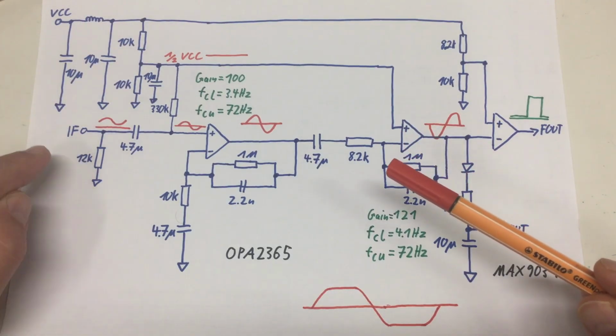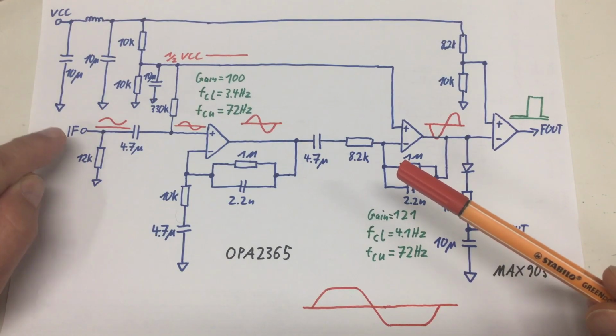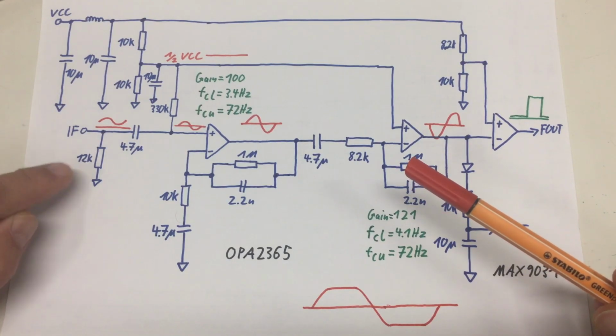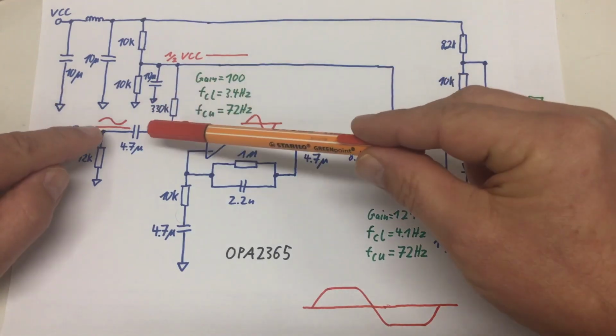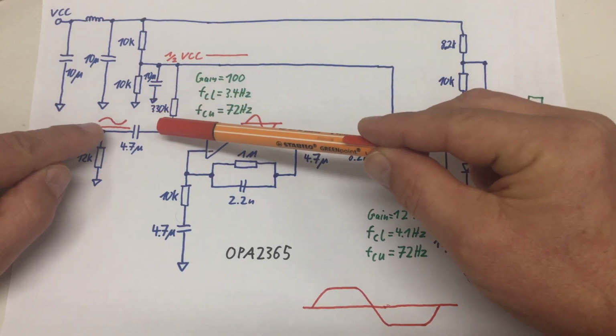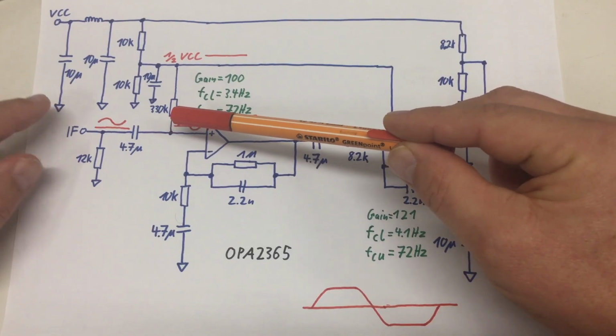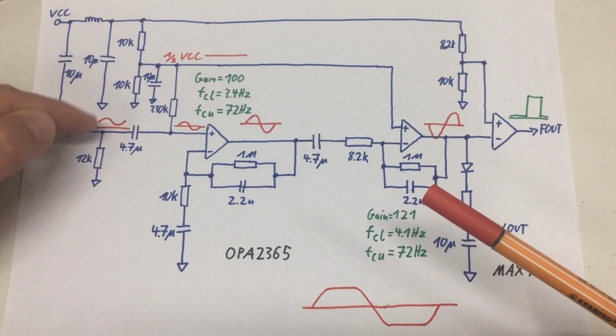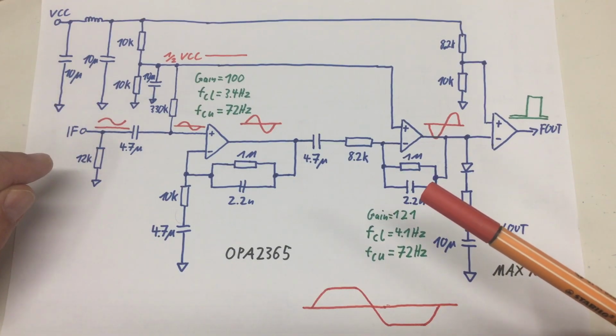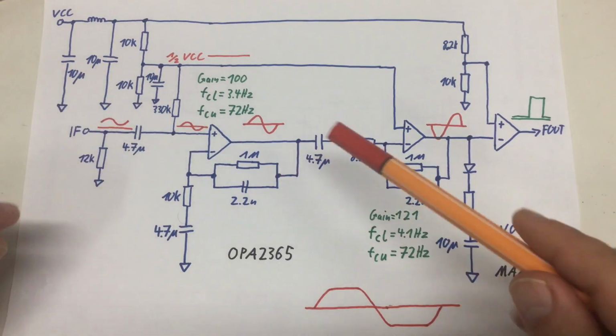The intermediate frequency from the HB100 comes in here. There's a little 12K load resistor on that input. And then comes a decoupling capacitor 4.7 micro that filters out the DC component which we have seen on the oscilloscope.